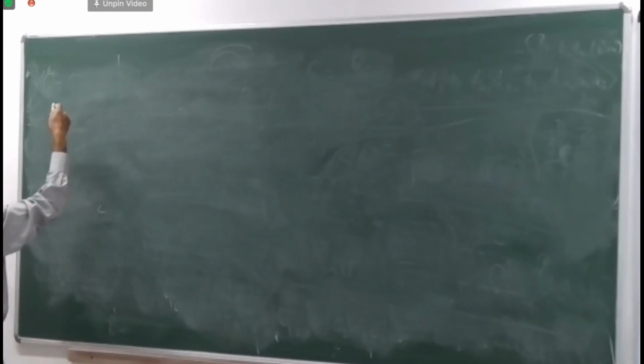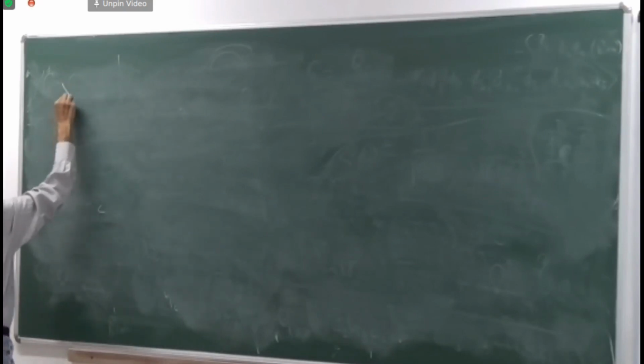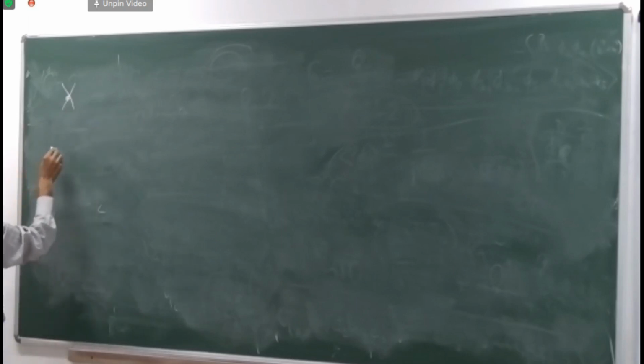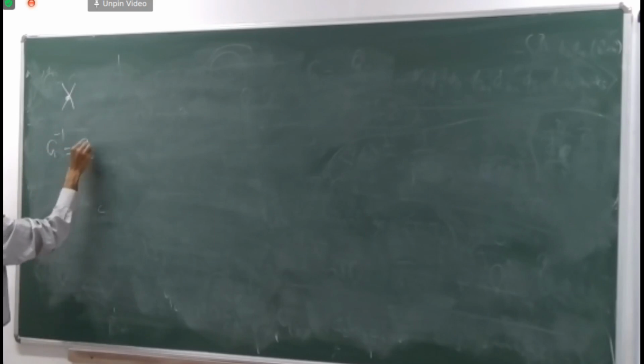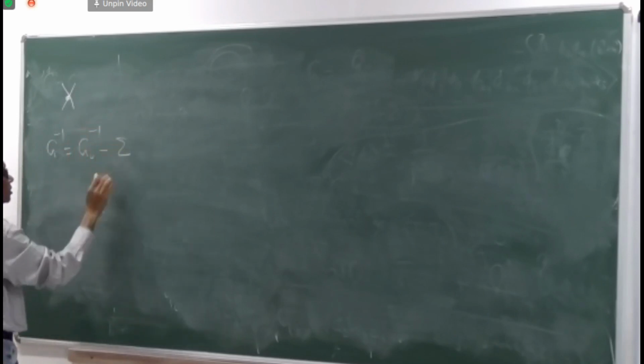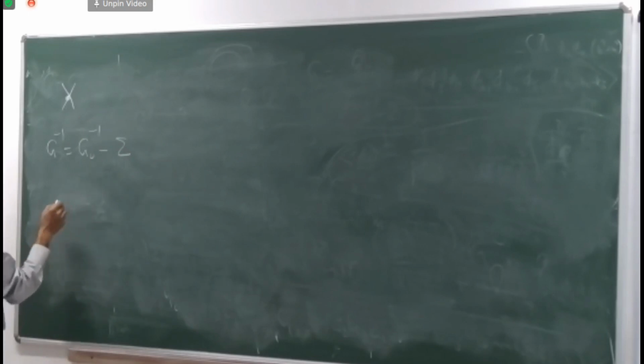So we are armed with this, and now I know that I am doing this phi-4 theory. The interaction is this over here, and G inverse is G0 inverse minus sigma at the order lambda, first order in lambda.